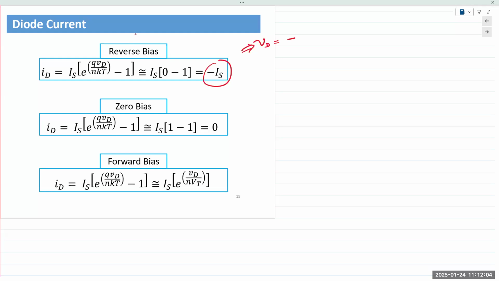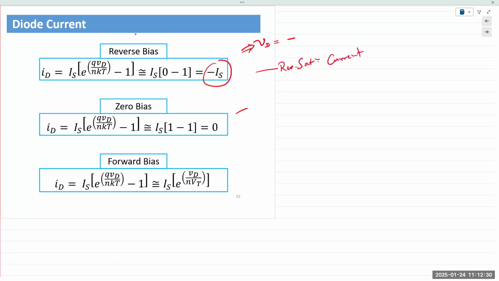Electrons and holes are the minority carriers in the p and n type material respectively, and so they cross over the junction. The diode current is then simply minus IS, the reverse saturation current.